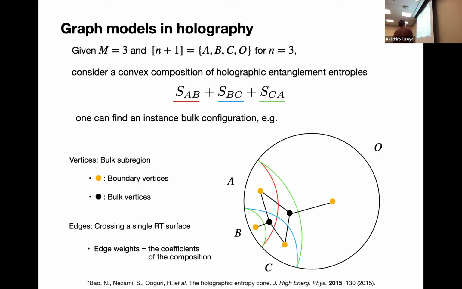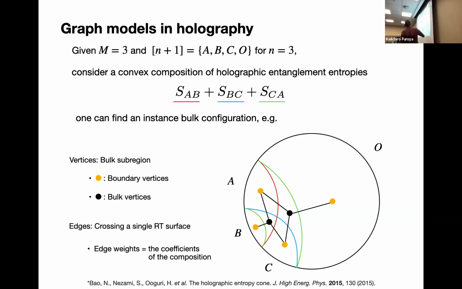Here I have a convex composition with unit coefficients: AB, BC, CA. I'm drawing a specific bulk configuration. I'm not saying that this bulk configuration corresponds one-to-one to this convex composition; it is one instance that gives you this convex composition.